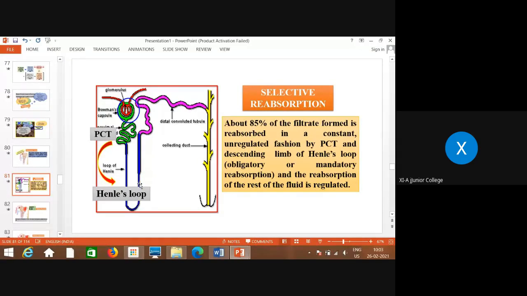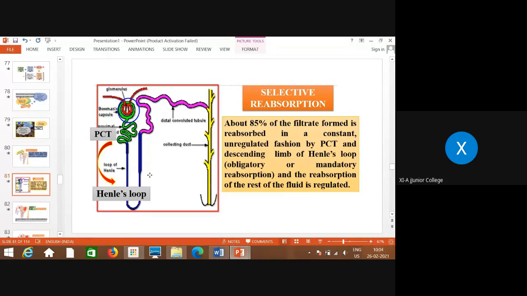what happens during this difference of permeability and impermeability to water of the descending and ascending limb of the loop of Henle? NaCl, such types of ions, are removed, thrown out of this tubular region.